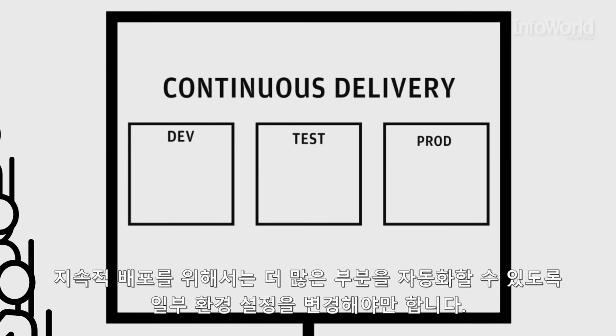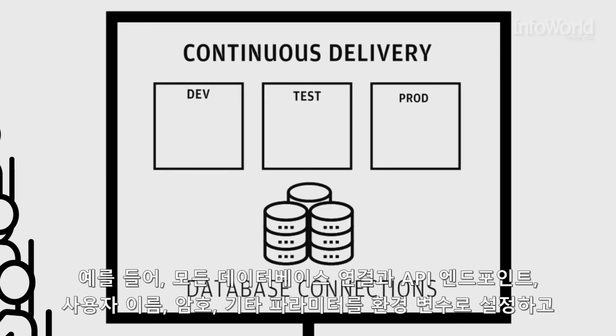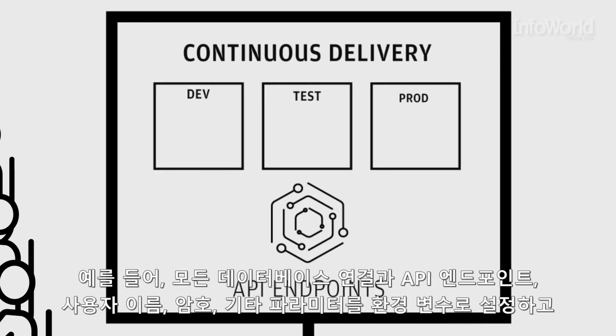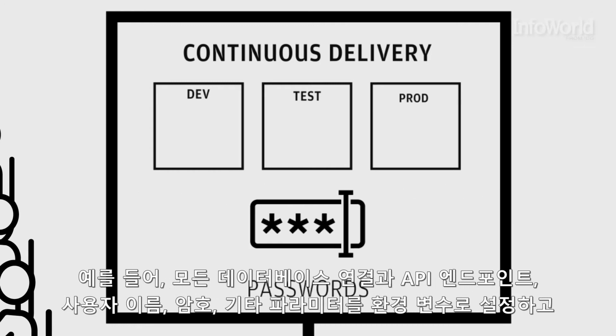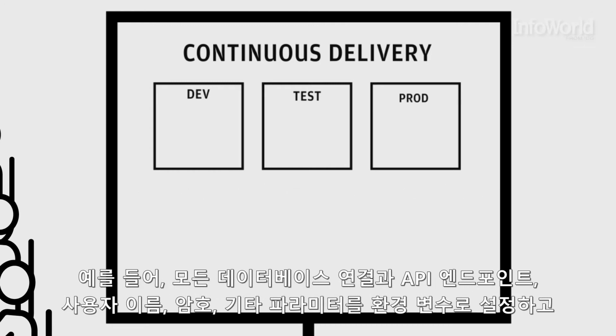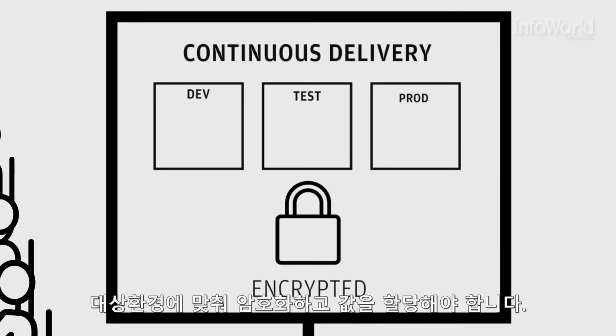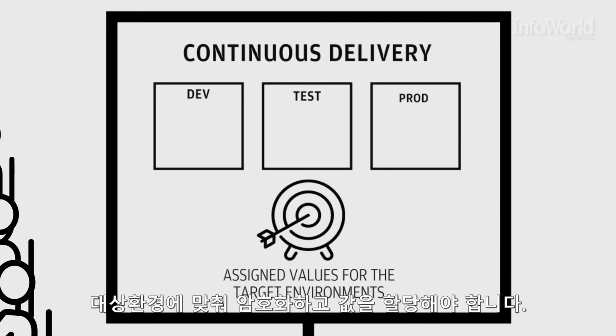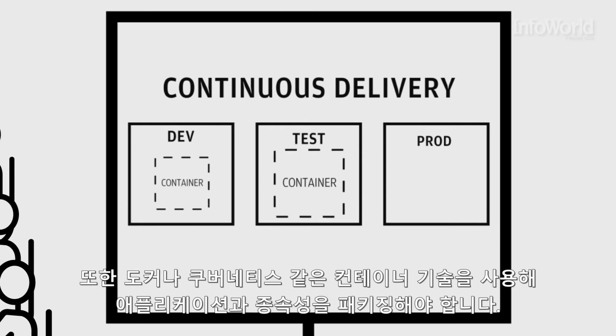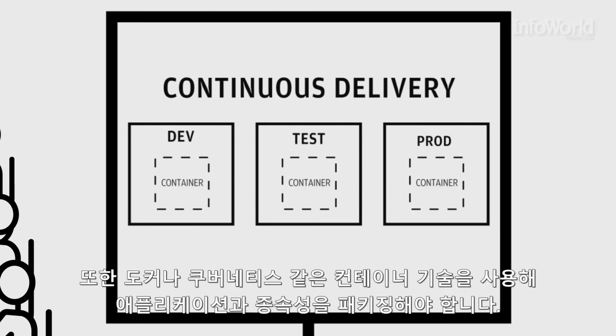To achieve continuous delivery, you have to change some of your setup to make them more automatable. For example, all the database connections, API endpoints, usernames, passwords, and other parameters should be set as environment variables, encrypted, and assigned values for the target environments. You also should package the application and its dependencies using a container technology like Docker or Kubernetes.